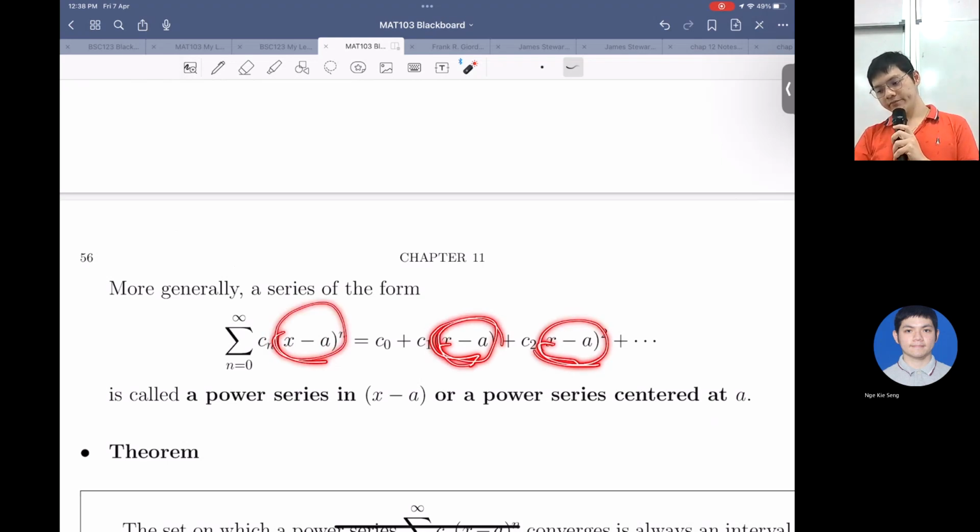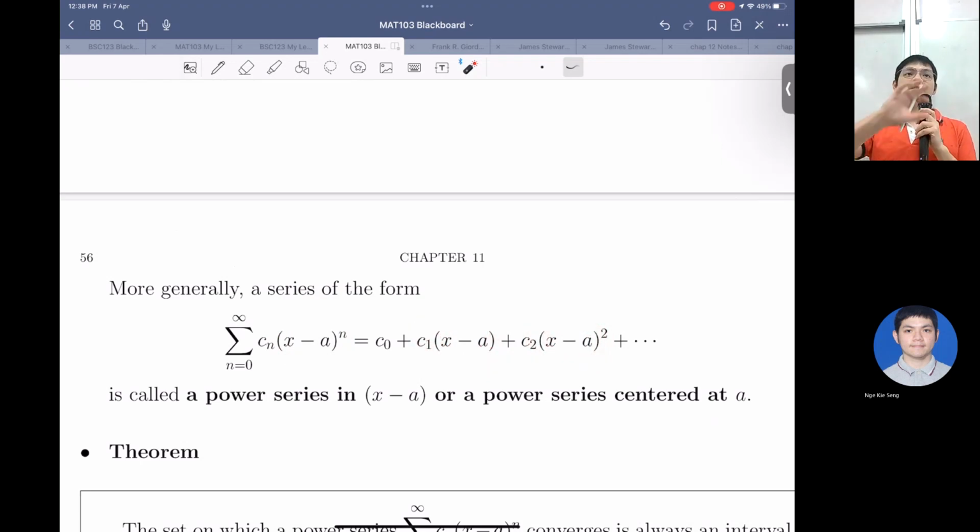This will come very often in later topics when we do vector calculus, where we move the circle, the line, the sphere away from the center, then the basic graph will change using this x minus a. Okay, keep going.